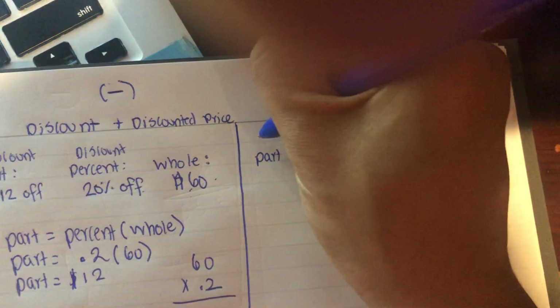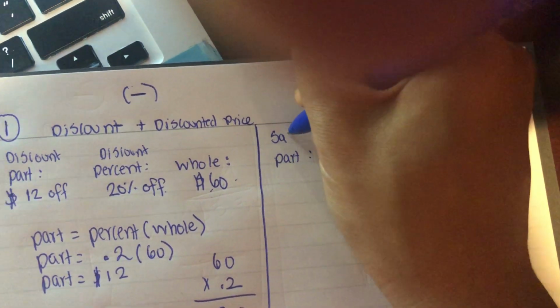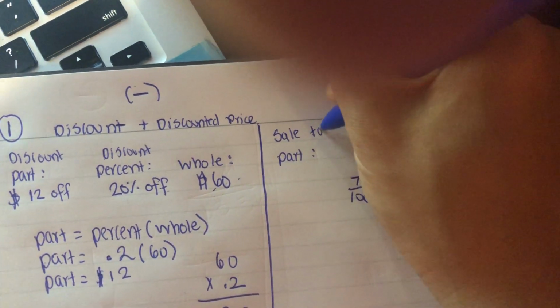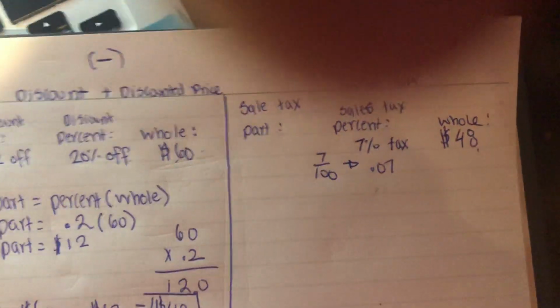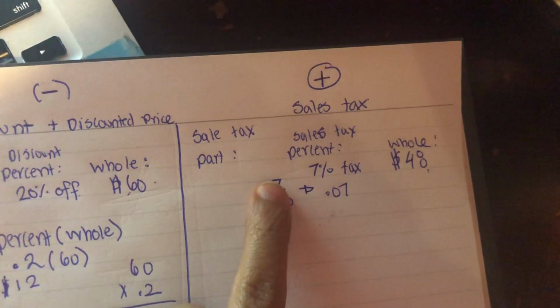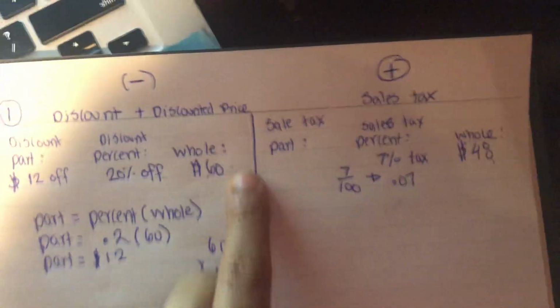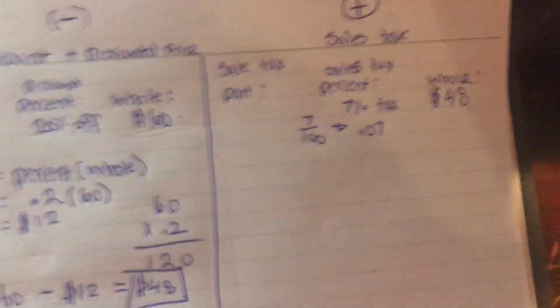And here, as we wrote, this represents my sales tax. And as I talked about before, the part is always related to the percent. So if the percent represents the sales tax, that means the part is also going to represent the sales tax.